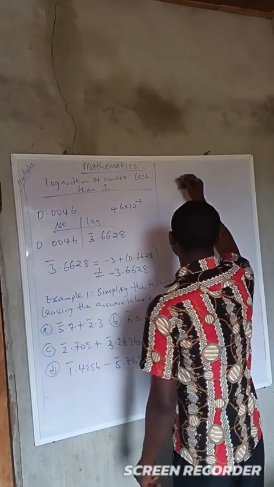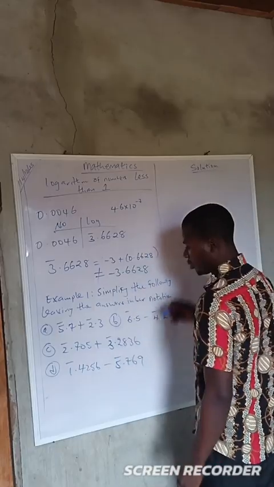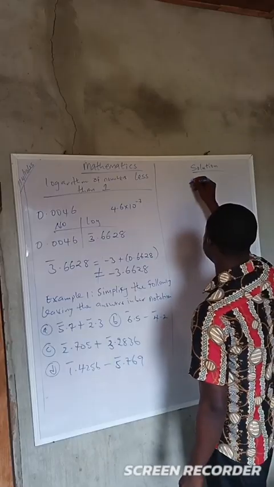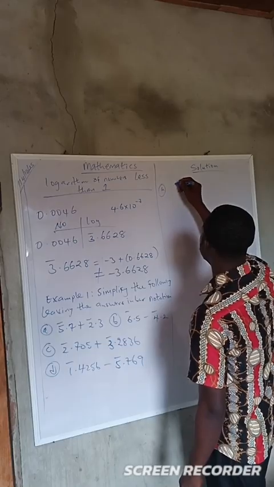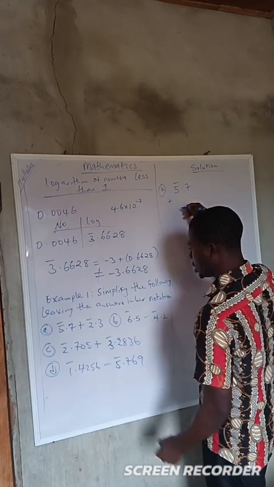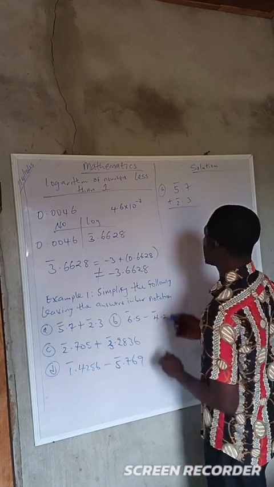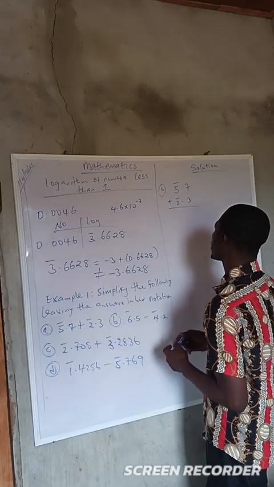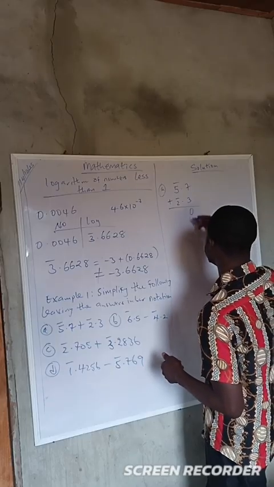First one, solution. First question we have here, we have bar 5.7 plus bar 2.3. Let's add 7 plus 3. You have 10, but you are going to write 0.